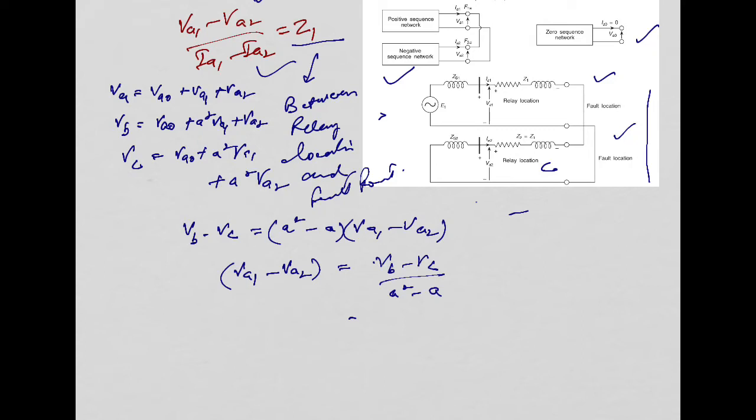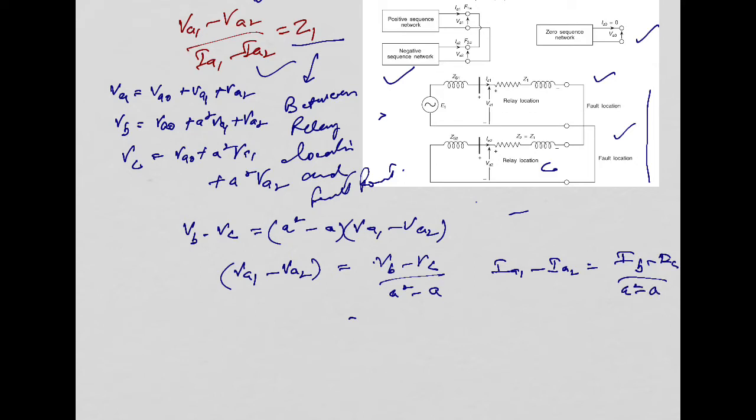Similarly for the current, IA1 minus IA2 equals (IB minus IC) divided by (A square minus A).